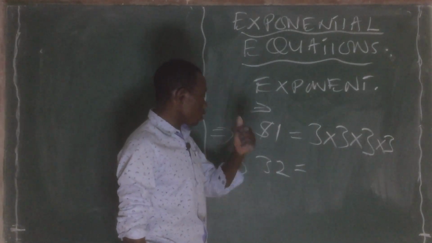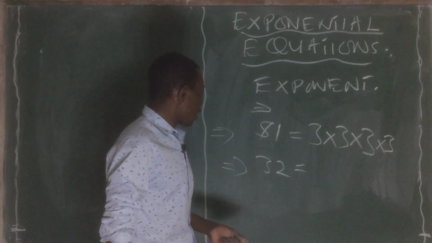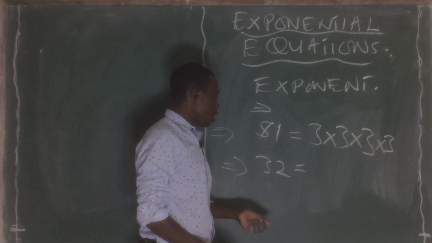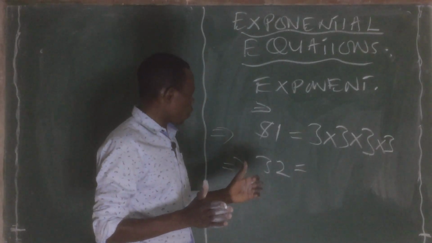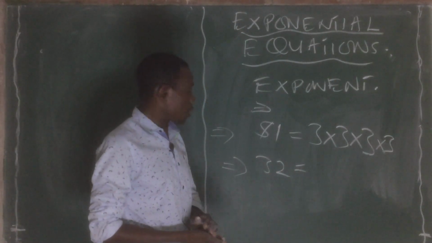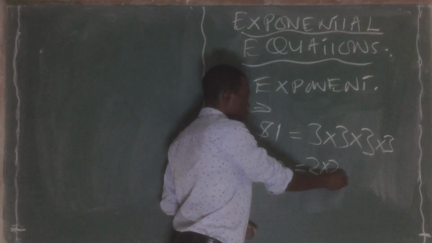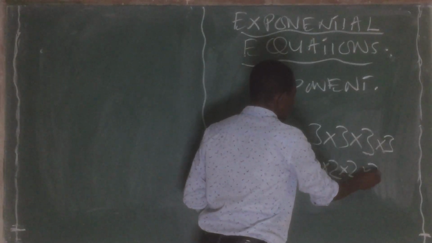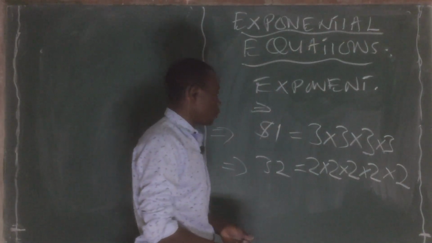The same with 32, written in factors of 2. You try to find out how many 2s you multiply to get 32. So 2 multiplied by 2 gives you 4, times a 2 gives you 8, times a 2 gives you 16, and finally times another 2 gives you 32.